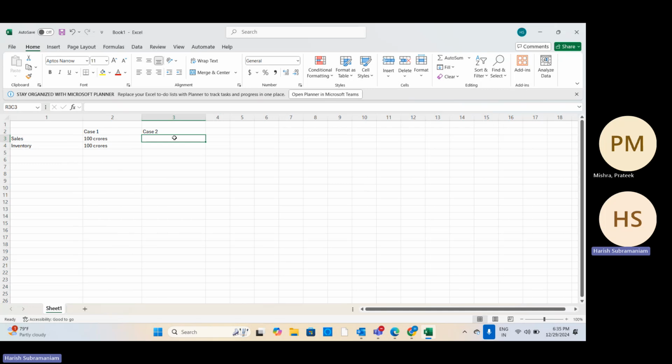Now let's take case two. My sale is 1,000 crore, but my inventory is just 100 crore. So what does this mean? This is company two, and this is company one.